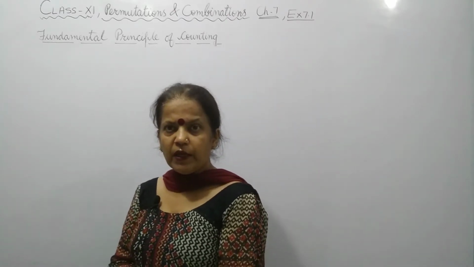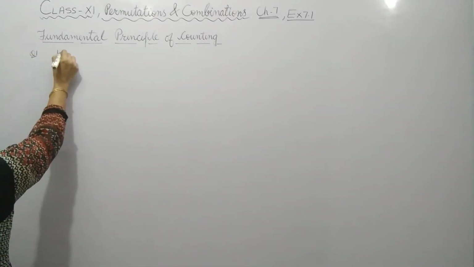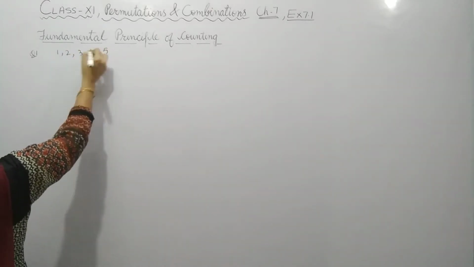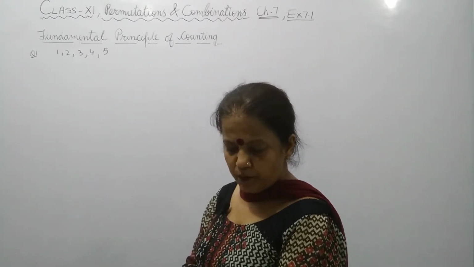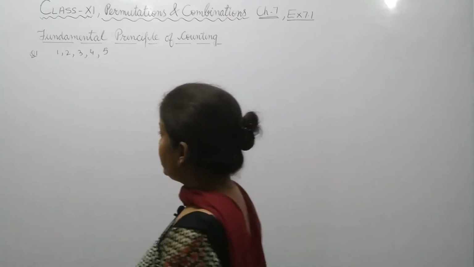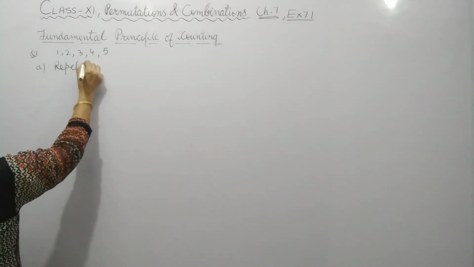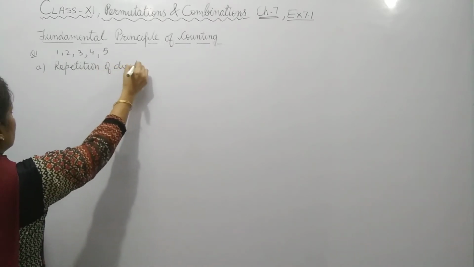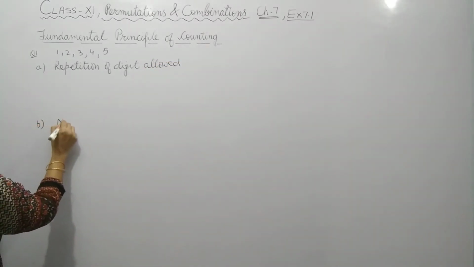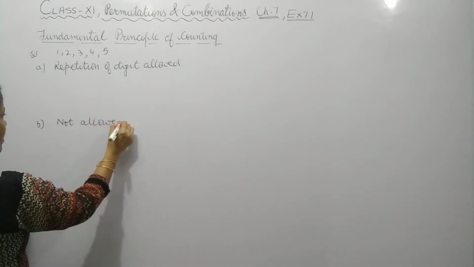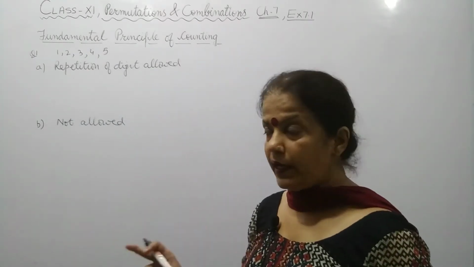How many 3-digit numbers can be formed from the digits 1, 2, 3, 4 and 5, assuming that repetition of digits is allowed? The first case is repetition of digits allowed, and the second is repetition of digits not allowed. Now the question is, how many 3-digit numbers can be formed?